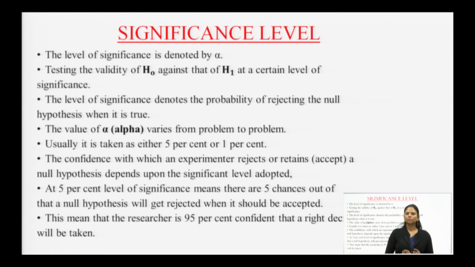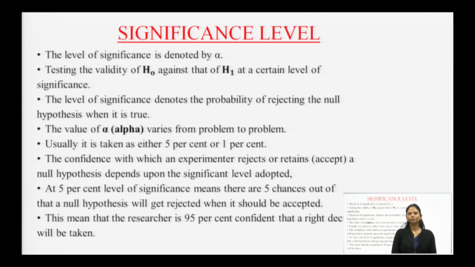The confidence with which a researcher rejects or accepts a null hypothesis depends upon the significance level adopted. That means, 5% level of significance means there are 5 chances out of 100 that the null hypothesis will be rejected when it should be accepted.